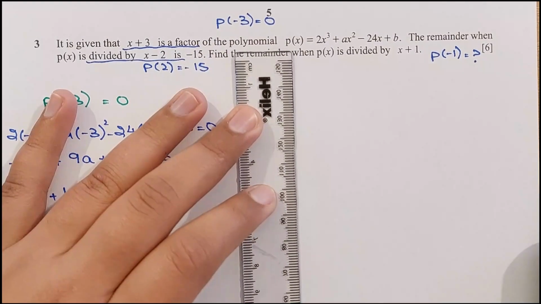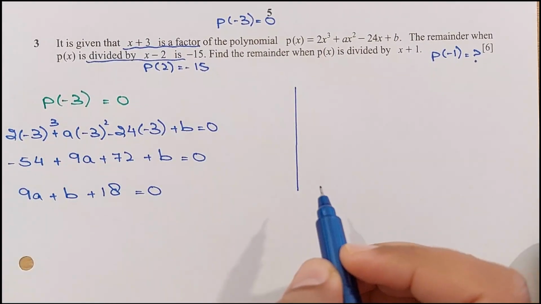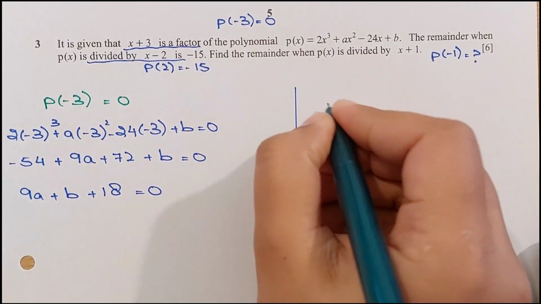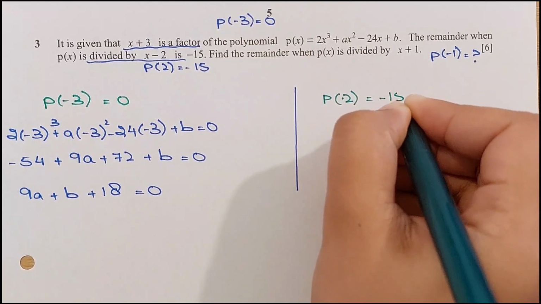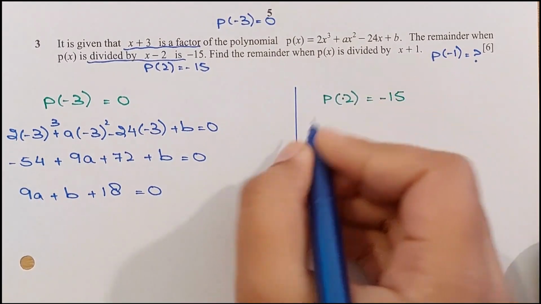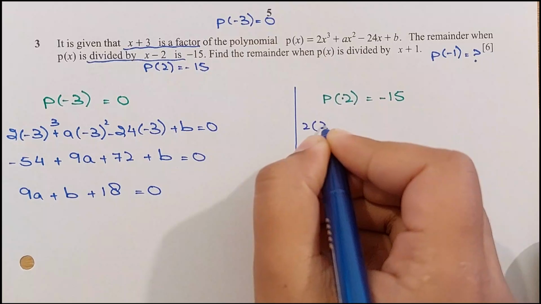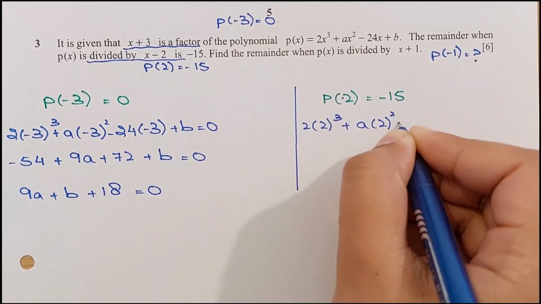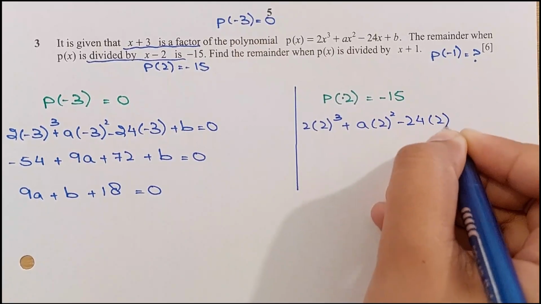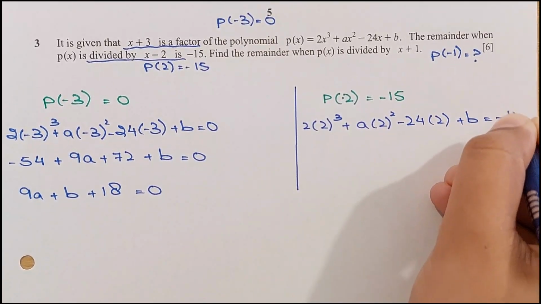Now let me solve for the second equation. By the second condition, p of 2 is equal to negative 15. So 2 times 2 cubed plus a times 2 squared minus 24 times 2 plus b equals minus 15.